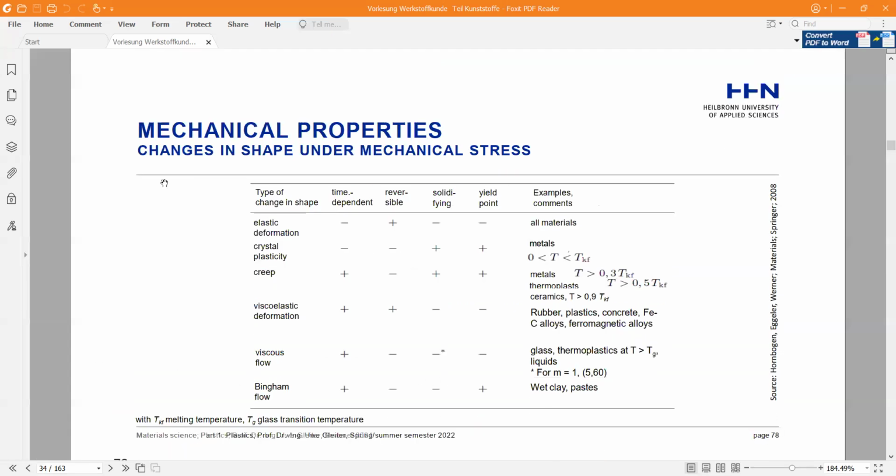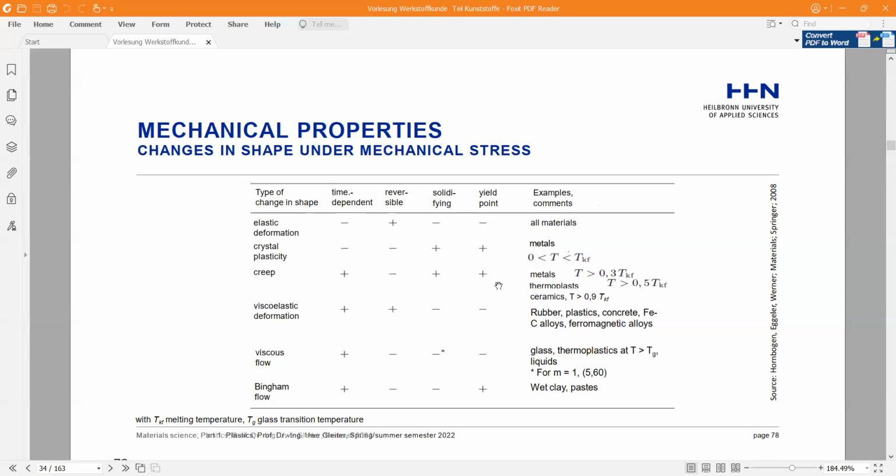Materials change shape under mechanical stress. Here we have in the first column time of change in shape, time dependent, reversible, solidifying, yield point, and examples. So for elastic deformation, the change in shape is not time dependent, but it's reversible, and there is no solidifying or yield point.